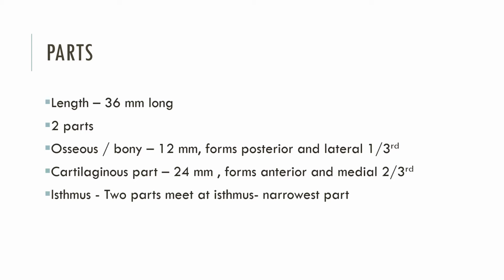The junction between these two parts is called the isthmus, and this is the narrowest part of the auditory tube. So if we see the bony part, it would be somewhat like this, and the cartilaginous part would be, which is longer, and this is the narrowest isthmus.